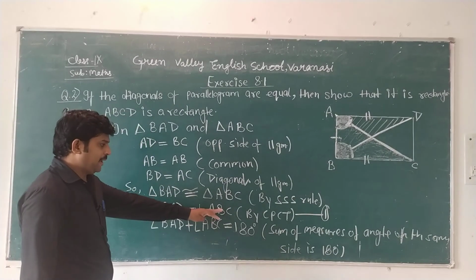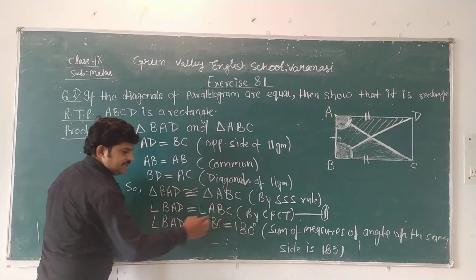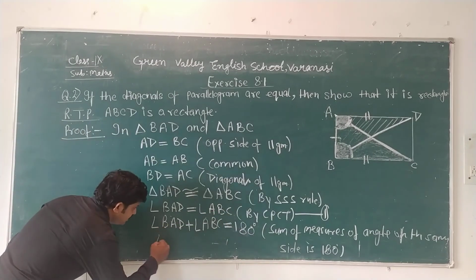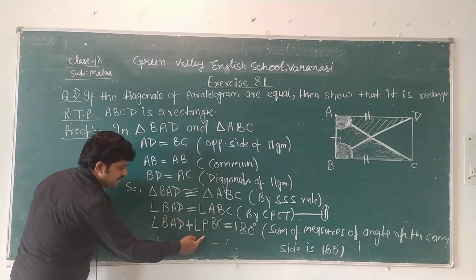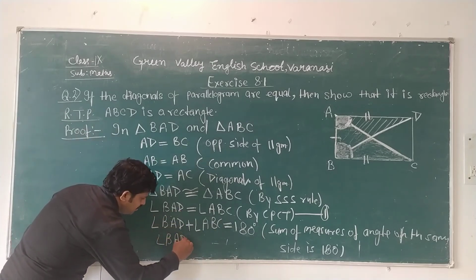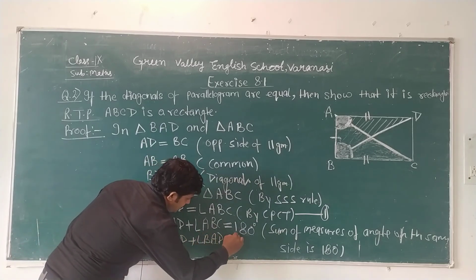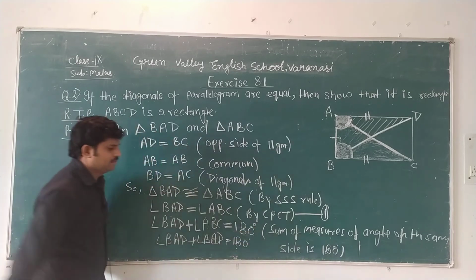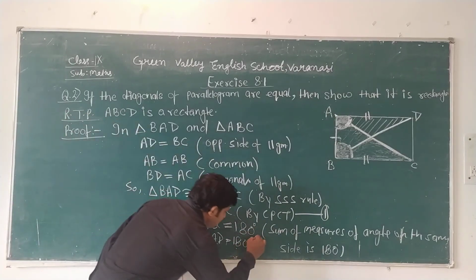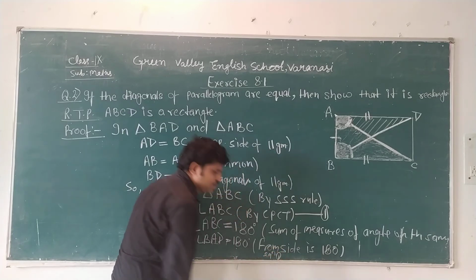And we apply equation 1. BAD and ABC are both equal. Now on the place of ABC, we can write BAD: angle BAD plus angle BAD is equal to 180 degrees, from equation 1.